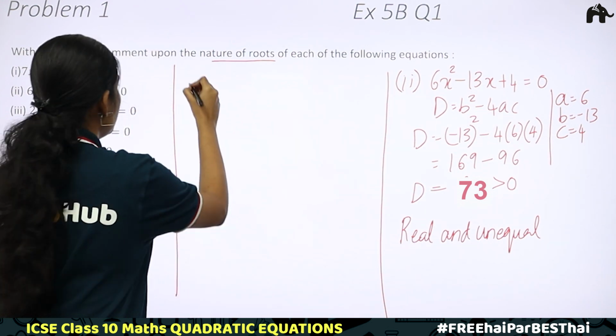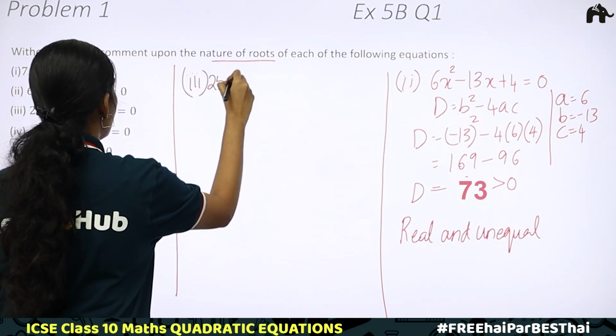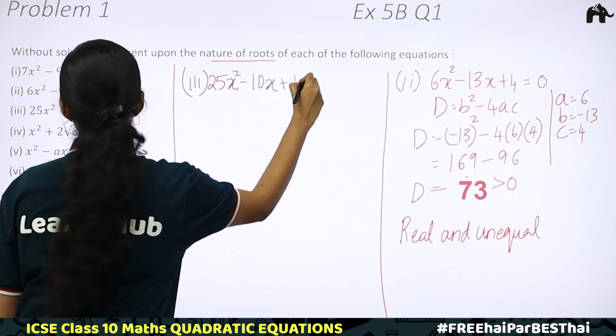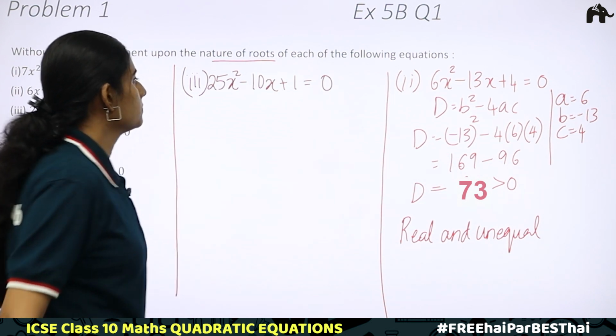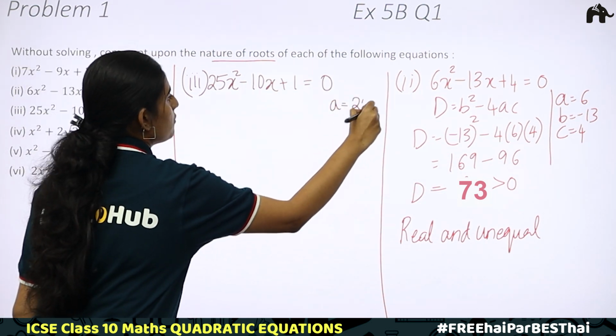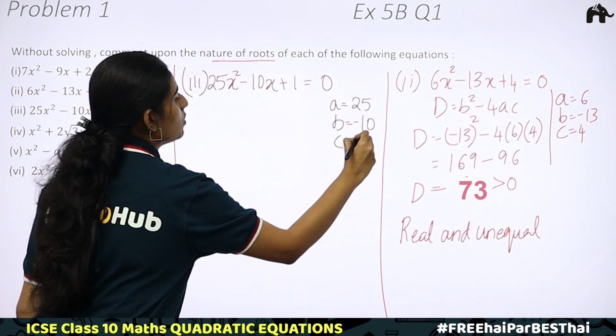Now the third equation is 25x square minus 10x plus 1 is equal to 0. Here a is equal to 25, b is equal to minus 10 and c is equal to 1.